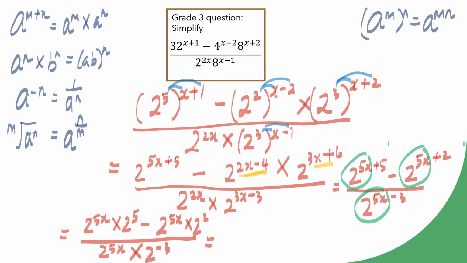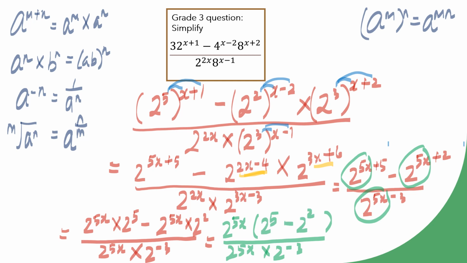So now I can actually take out my 2 to the power 5x. When you take out 2 to the power of x, you're left with 2 to the power of 5 minus 2 to the power of 2.